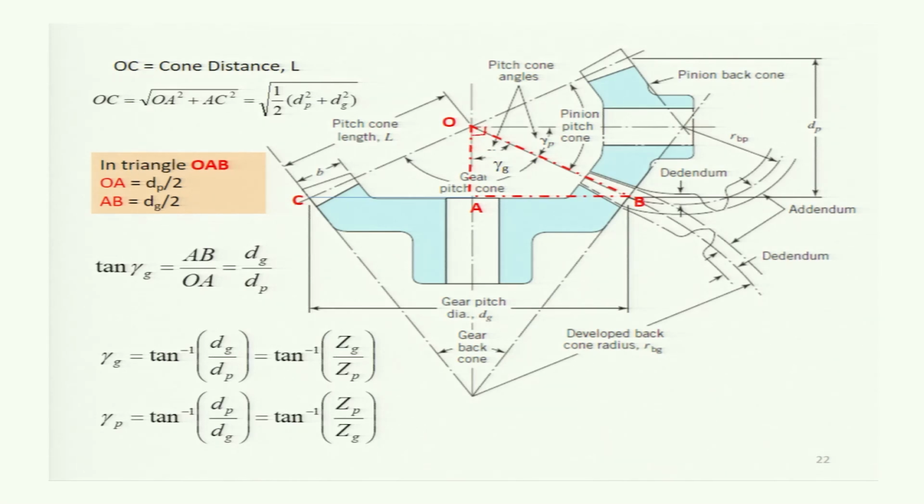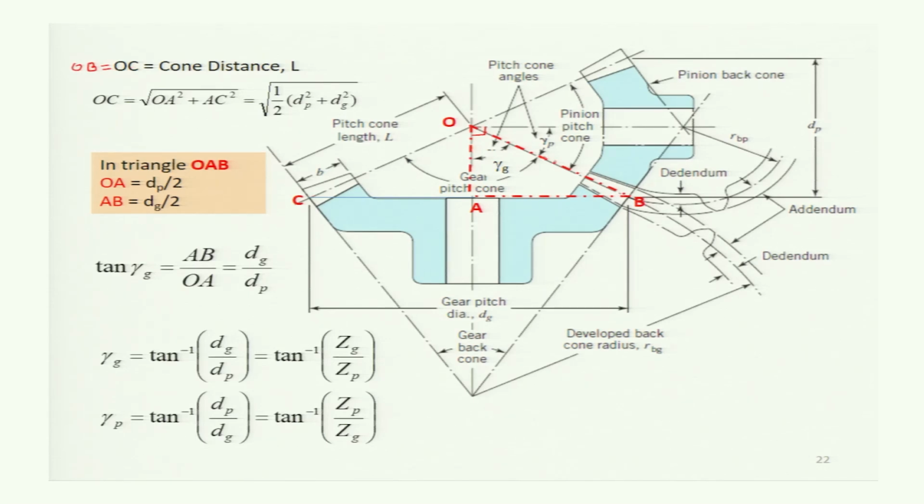For this configuration, CB is the pitch diameter, and O, the apex where the pitch cones of the gear and pinion intersect, to B is the cone distance. So OB or OC, both are the same: OB is equal to OC, and that is the cone distance.